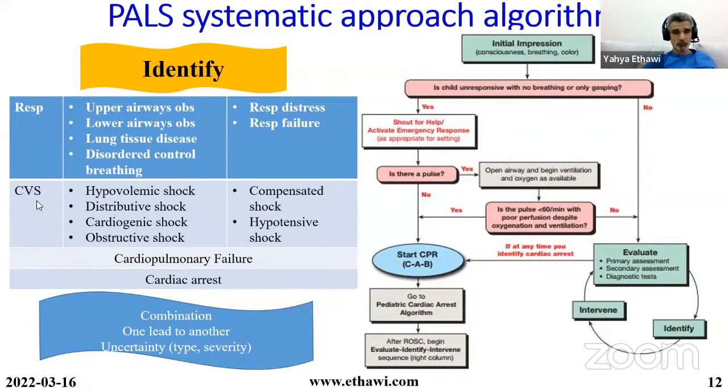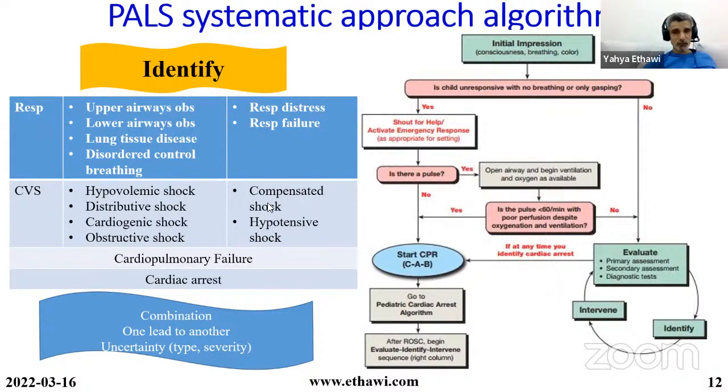Is there respiratory distress or respiratory failure? In cardiovascular, once we decide upper airway, lower airway, lung tissue disease, or disordered controlled breathing, we have to decide respiratory failure or respiratory distress. In cardiovascular, we decide hypovolemic shock, distributive shock, cardiogenic shock, obstructive shock. Sometimes it's combined.